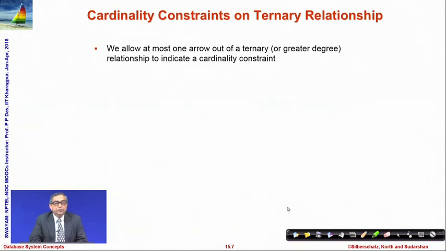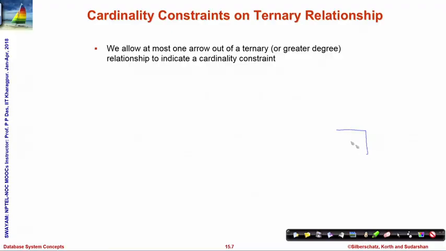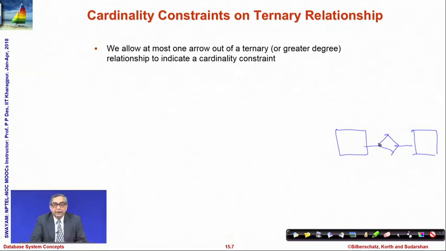Now, we have talked about cardinality constraints on binary relationships: one to one, many to one, one to many and many to many. If we have a binary relationship, say this is one entity set and this is another entity set, and we just connect them, it means a many to many relation.